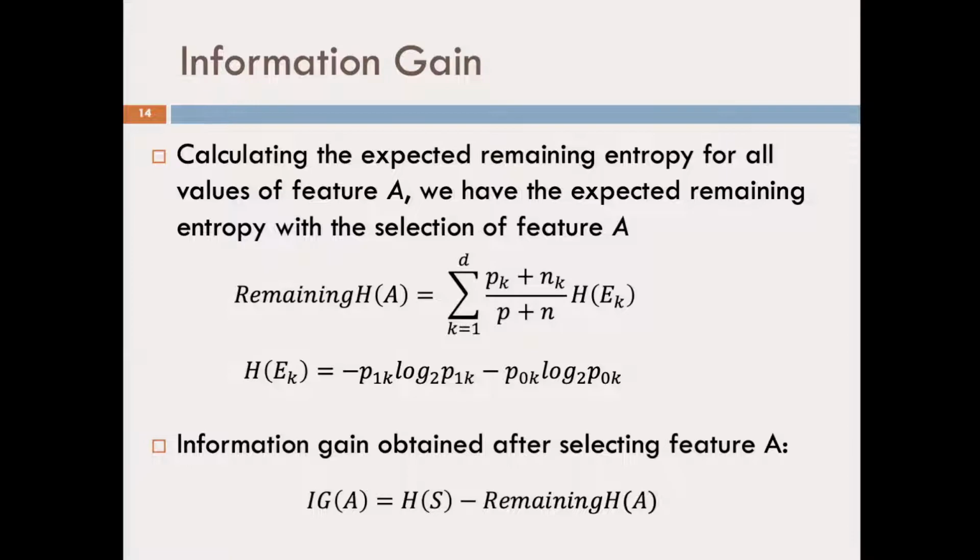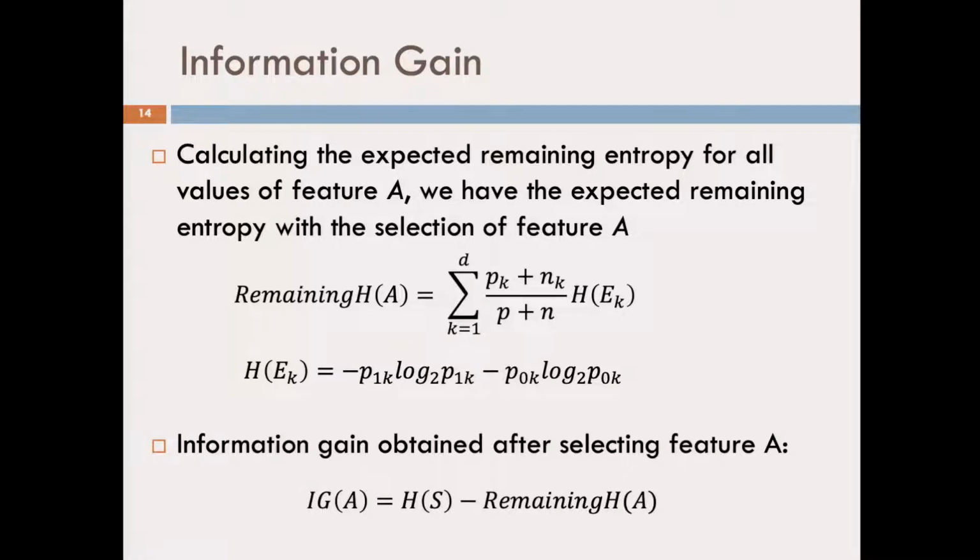Yeah, okay, but you got it, yeah? You know, pk and nk are the positive and negative instances that are in a subset resulting from the division. Okay, and P and N are all the positive and negative instances in the set above here, before the division. Okay, good. So the information gain, then, we are obtaining with this formulation.